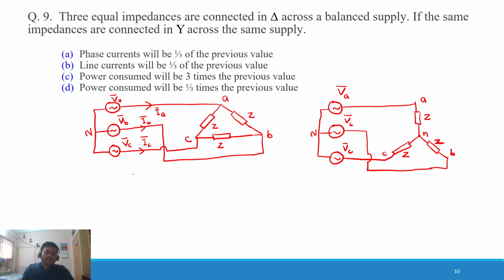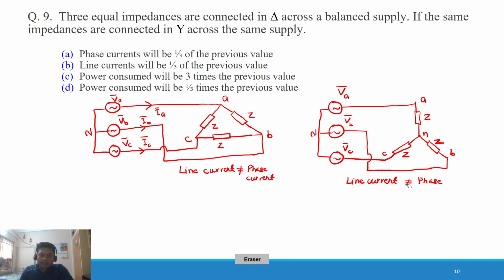So as we all know, in a delta connected system, line current is root 3 times the phase current, that is not equal.